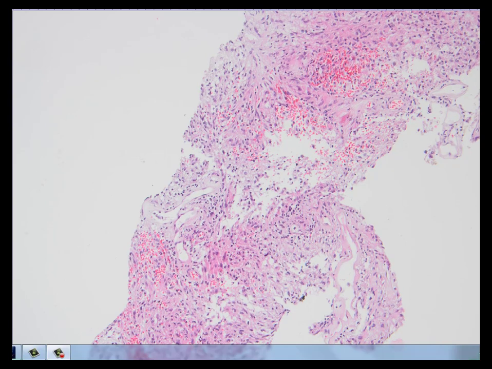This month I'm going to show you a core biopsy from a 45-year-old male patient from a periadrenal mass.